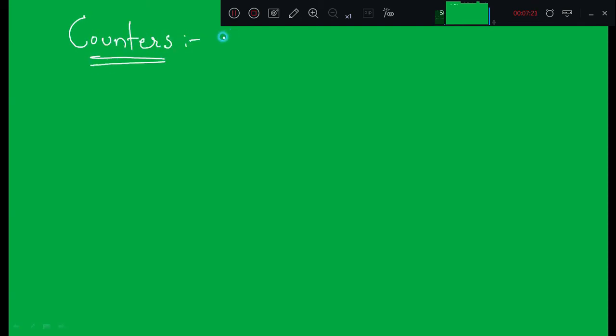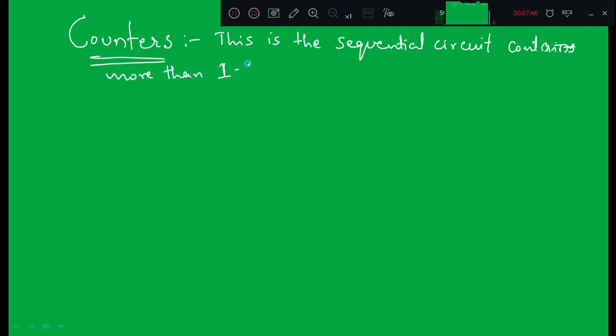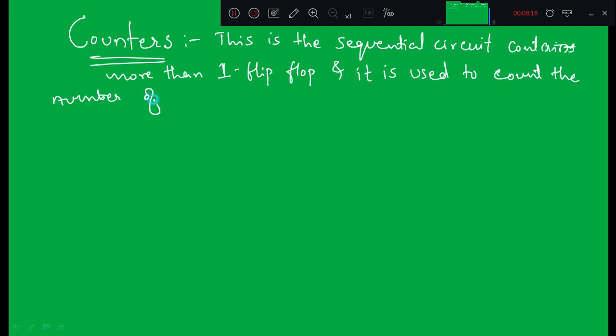So what are counters? A counter is a sequential circuit which contains more than one flip-flop, and it is used to count the number of clock pulses.